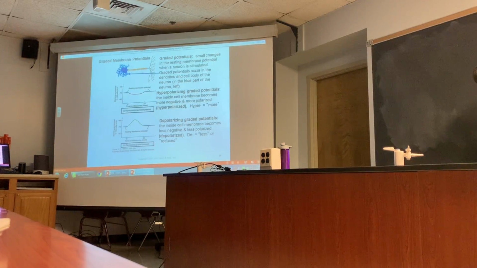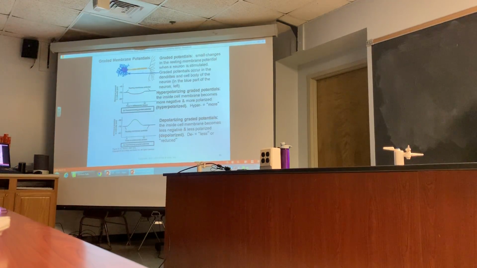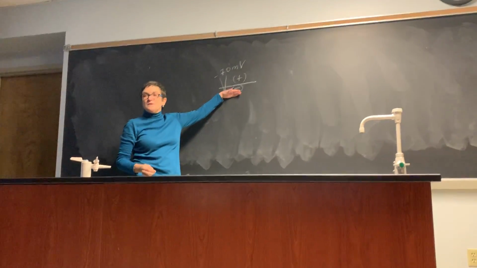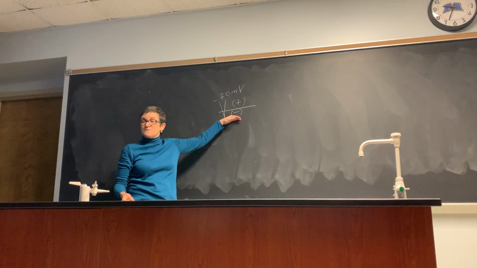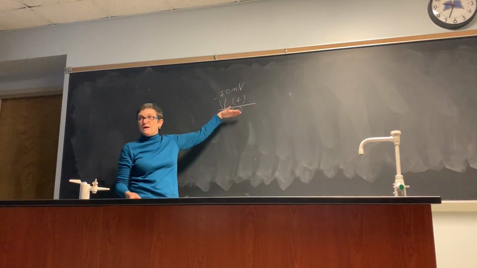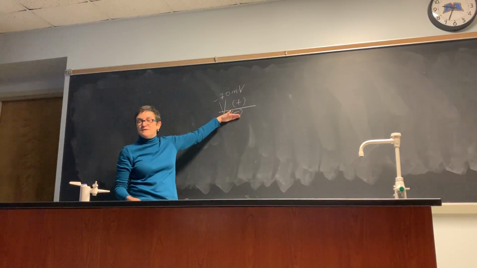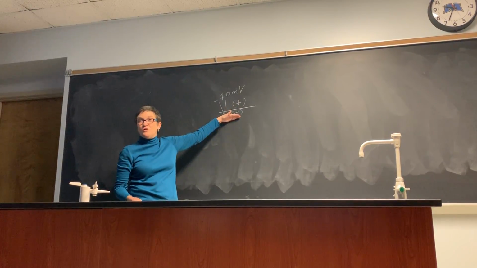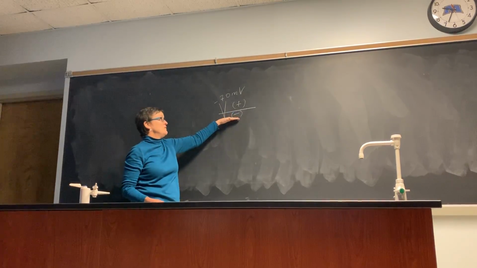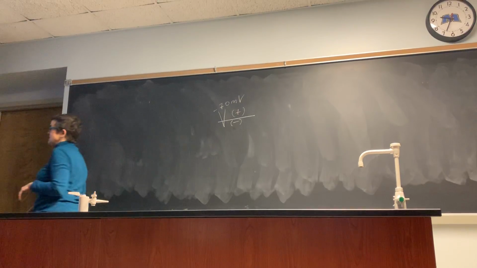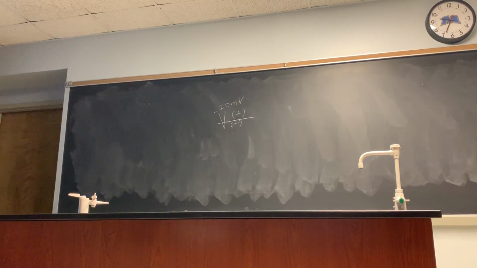If you measure with a probe, it measures negative 70 millivolts. It's partly, or mainly, because of the sodium potassium ATPase pump. You have an uneven number of positive charges, and that is perceived by the voltmeter as a negative, right? So you have more negative in here, more positive on the outside. So that's called the resting membrane potential, meaning the neuron is at rest.